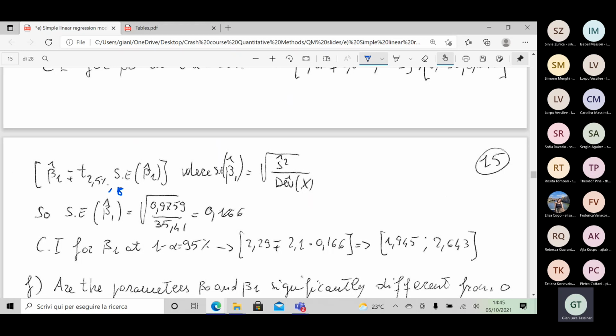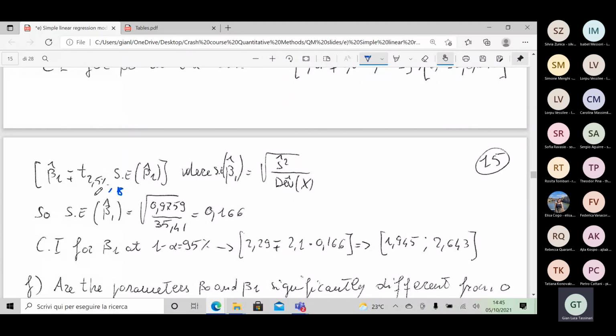Okay, how can we build now the confidence interval? We have all the information because we substitute into beta 1 the estimate 2.29, which has been computed, plus or minus 0.2. What is the critical value? You find it again using the student's t with 18 degrees of freedom. The confidence level is always 95%, so alpha is always 5%, and alpha over 2 is always 2.5%.